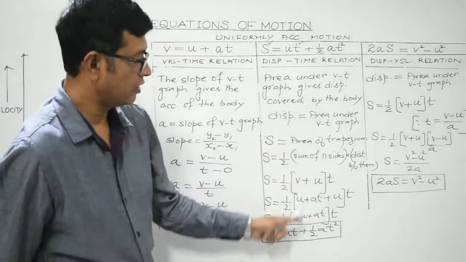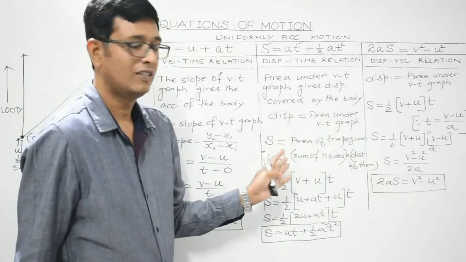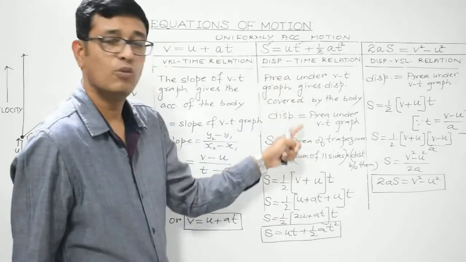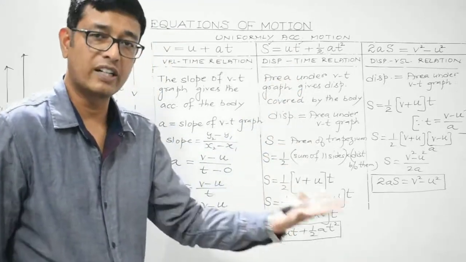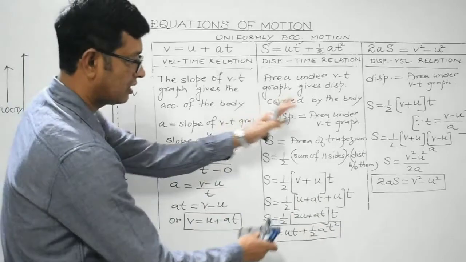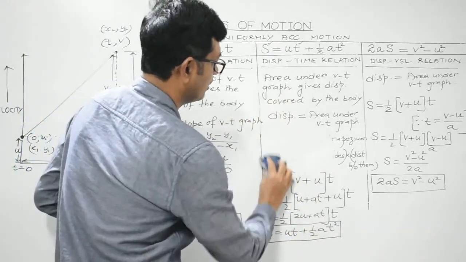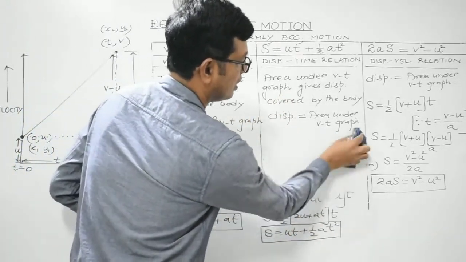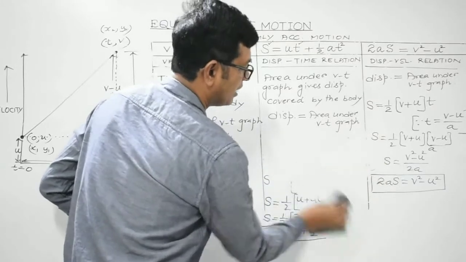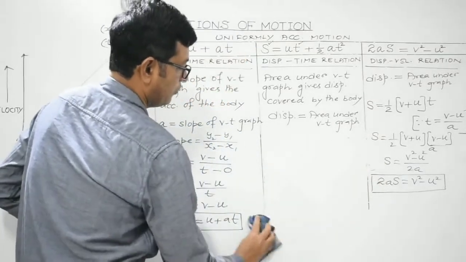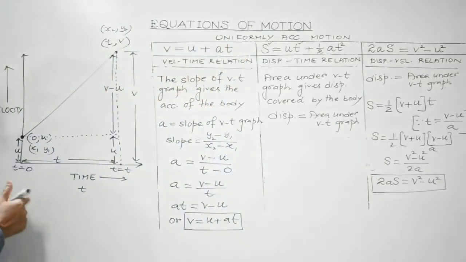Now let us come back to the second one. This second equation of motion can also be derived in some alternative manner. Here this is the correct process, but we can also consider another scenario. We can divide the entire diagram into two parts, like this as well.